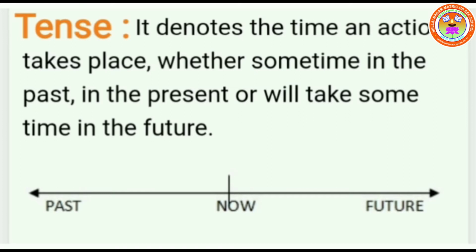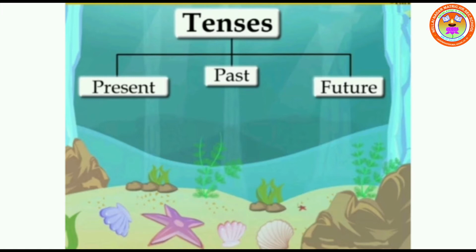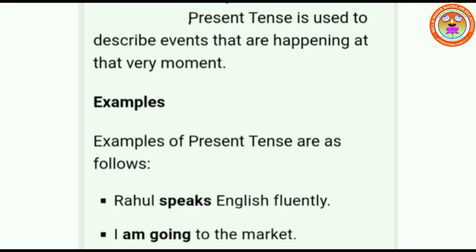They are present tense, past tense, and future tense. Tenses are divided into three kinds: past, present, and future. Isn't it, children? Yes.